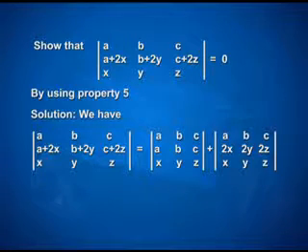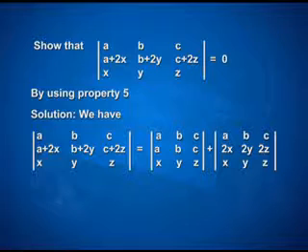For the solution, we have a, b, c, a plus 2x, b plus 2y, c plus 2z and x, y, z determinant can be expressed as sum of two determinants, namely determinant a, b, c, x, y, z plus determinant a, b, c, 2x, 2y, 2z, x, y, z.